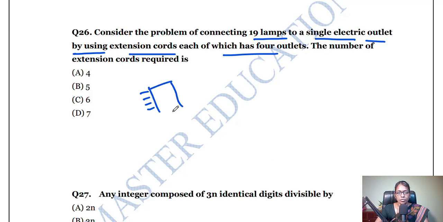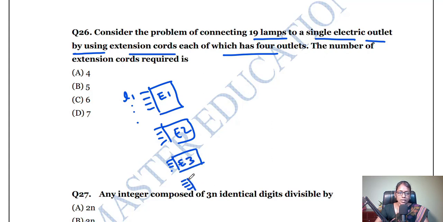This is extension cord 1, E1. So this is lamp 1, lamp 2, lamp 3, lamp 4. The first 4 are connected with extension 1, another 4 with extension 2, another 4 with extension 3, and another 4 with extension 4.